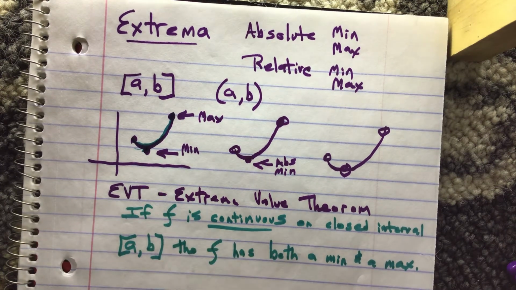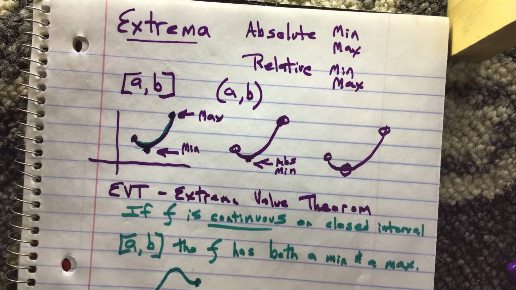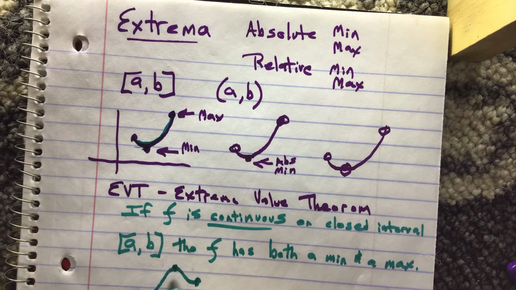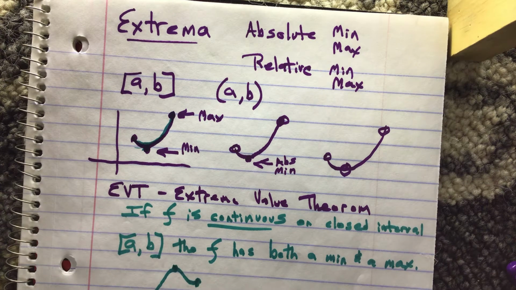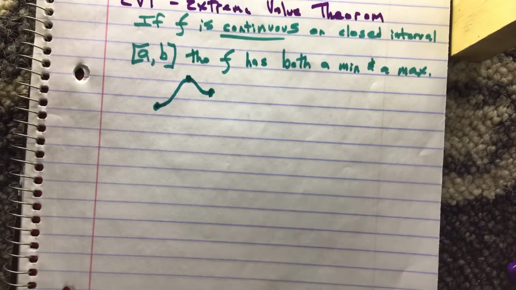You could have a function that looks like this, that's continuous, and you can see here that the max is on the inside of the interval, but that the minimum is at the endpoint. So it usually occurs at one of the endpoints or somewhere between those 2 points. But EVT just says that if it's continuous on a closed interval, then it has to have an extreme value. Okay, it doesn't say what it is, it just says that it has to be. So that's EVT.